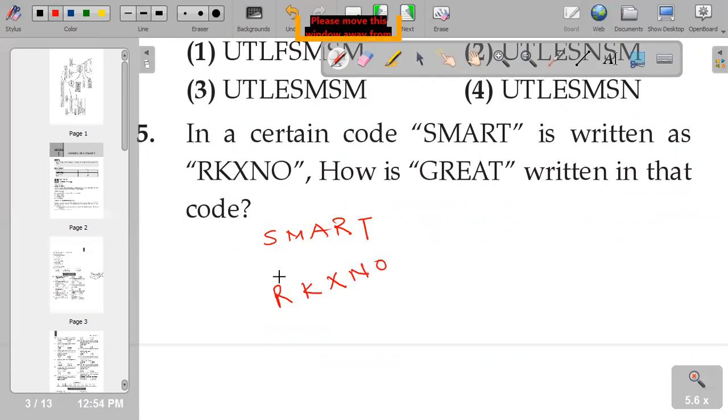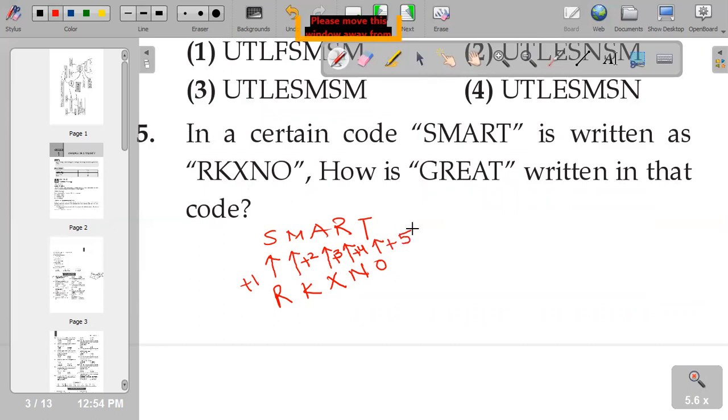So we can say that from R to S plus 1, A to M plus 2, X to A plus 3, N to R plus 4, O to T plus 5.